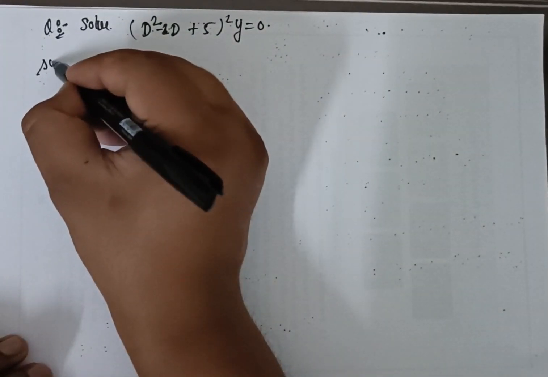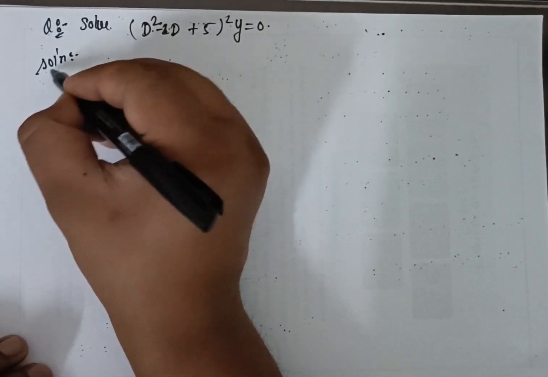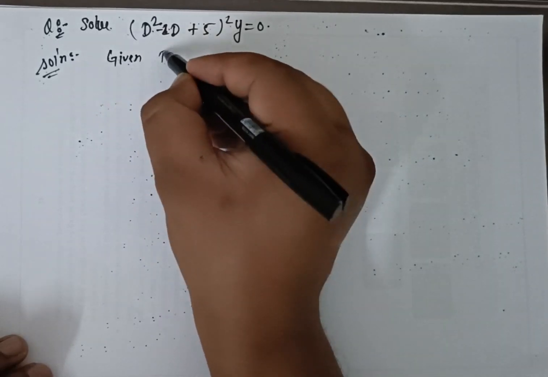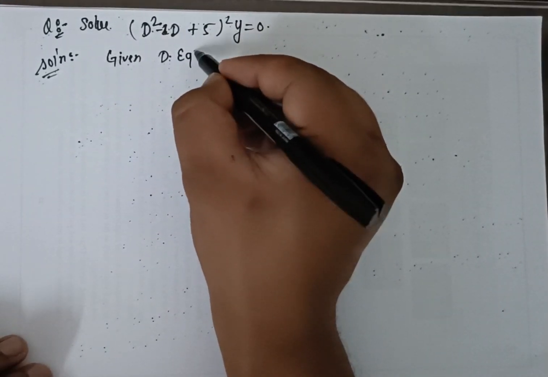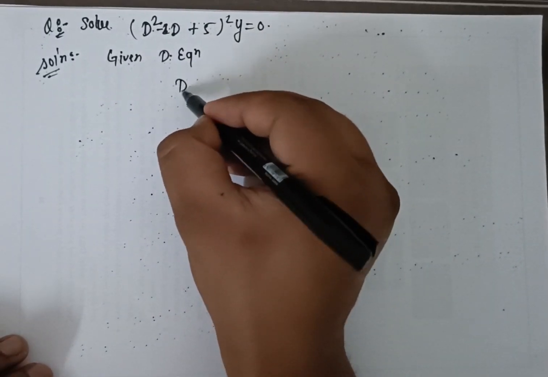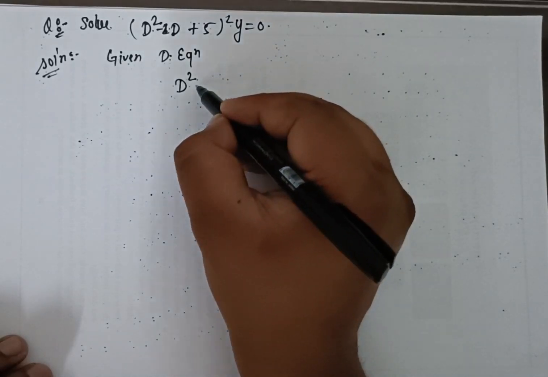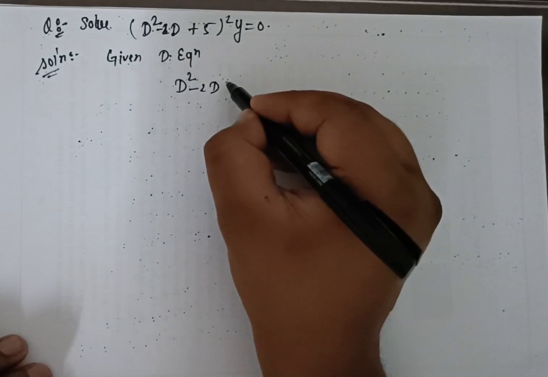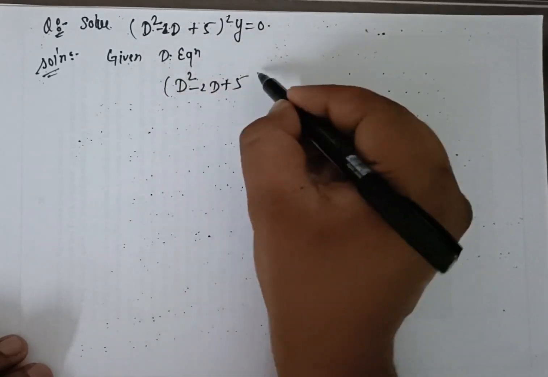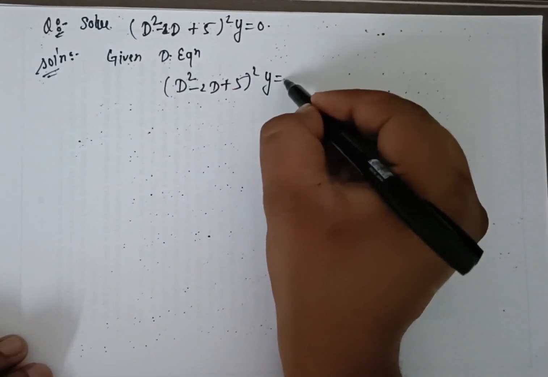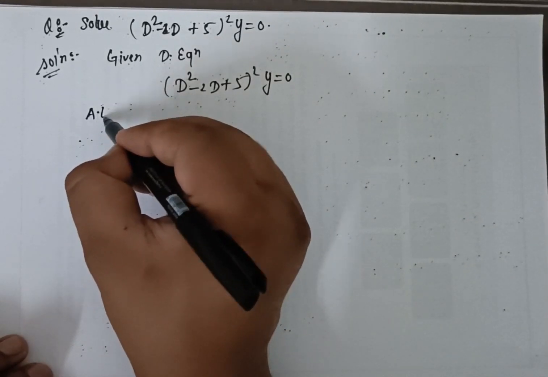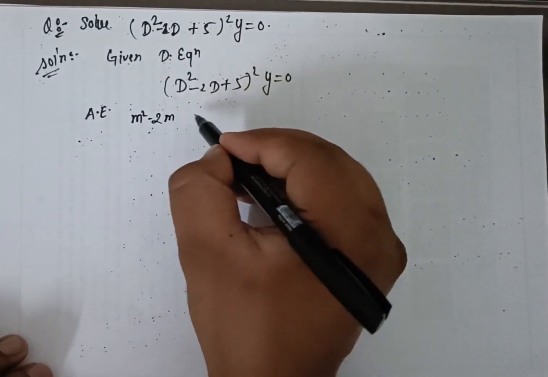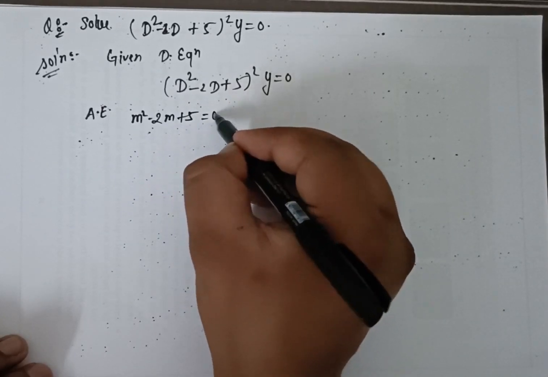Now in support of the solution we can write the given differential equation, which is (d square minus 2d plus 5) to the whole square y equals 0. What about the auxiliary equation? The auxiliary equation is m square minus 2m plus 5 equals 0.